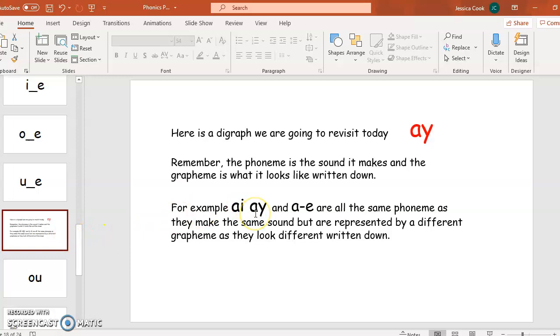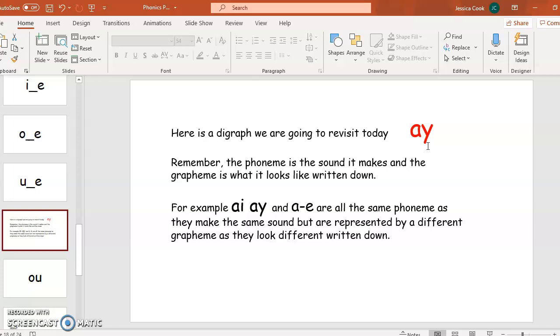The phoneme is the sound it makes, and the grapheme is what it looks like when it's written down. So if you can see here, ay is A and Y. Can you get your magic finger out now and write ay?